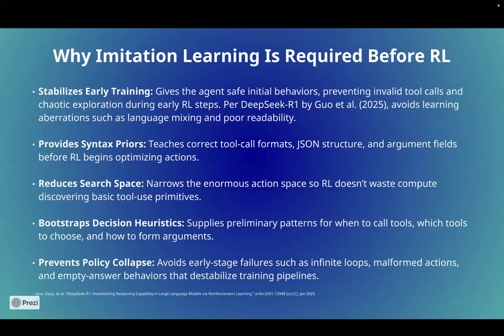You can show it overloading of APIs and a lot of those different nuances. So there's a lot of signal that we can offer during the SFT stage, and it's used to warm up the model and give it a rough structure of what's possible. These preliminary patterns basically teach the model when to call certain tools, which tools to call, and how to shape the arguments for those tools.